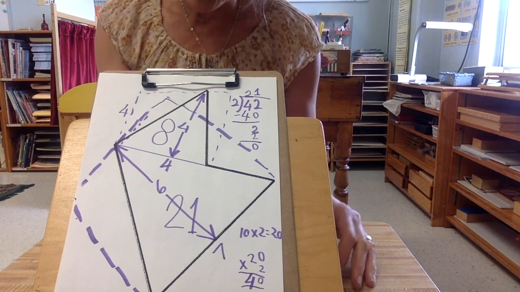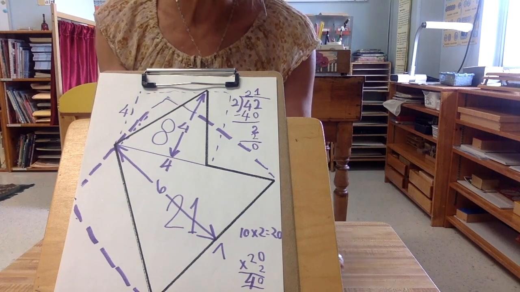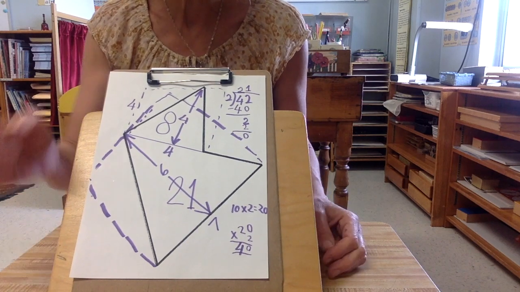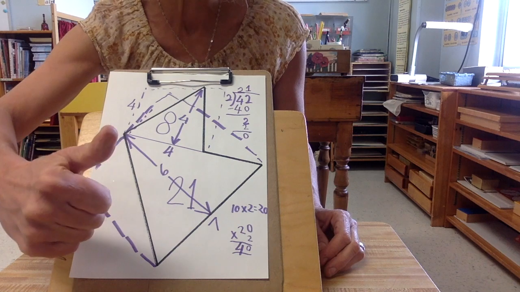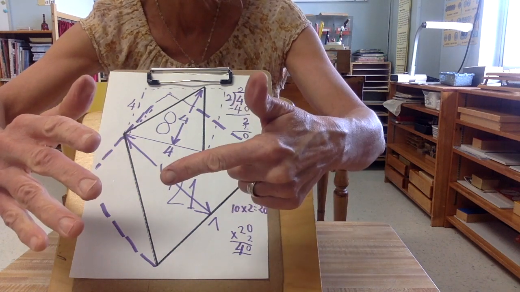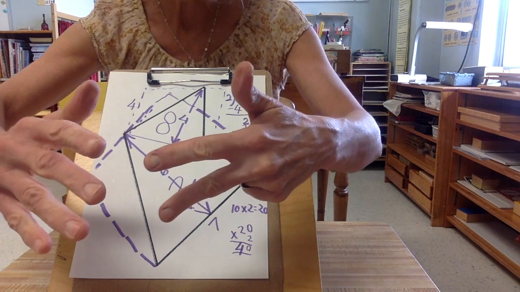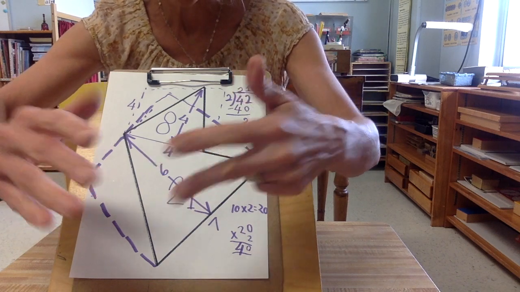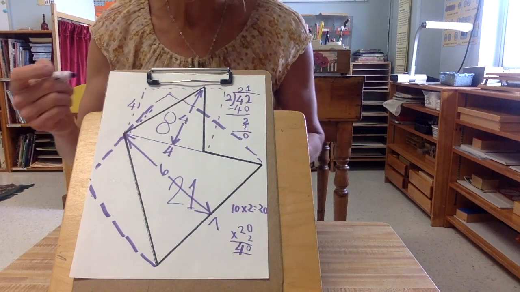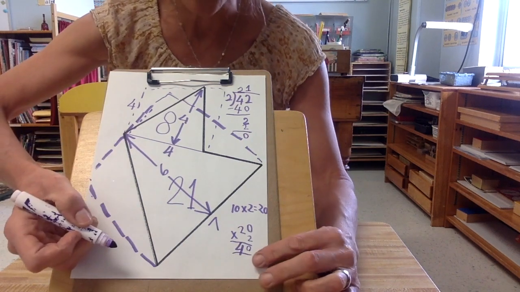I'm not going to do an algorithm for that. We can just do it with our fingers. Hopefully some of you know it, but for those of you that don't, we'll do 21, 22, 23, 24, 25, 26, 27, 28, 29. 21 plus 8 is 29. So the total area of this irregular polygon is 29.